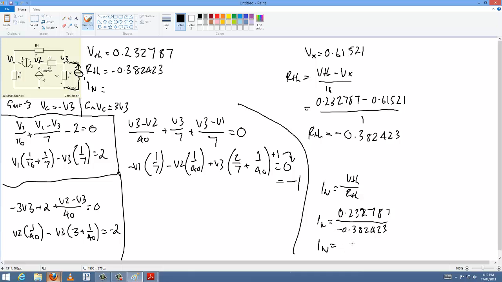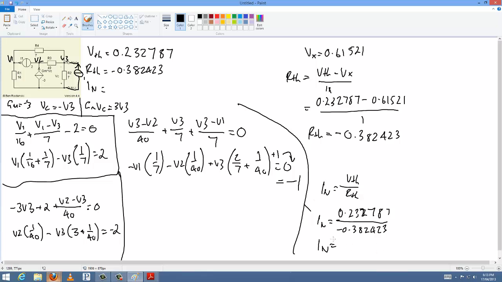I'll make a note, it's also in the help file, that circuits that have a controlled source can have a negative R Thevenin, and that's the only time it'll ever have a negative R Thevenin. If you don't have a controlled source, R Thevenin will always be positive. So if you're getting confused by that, that's just the explanation.